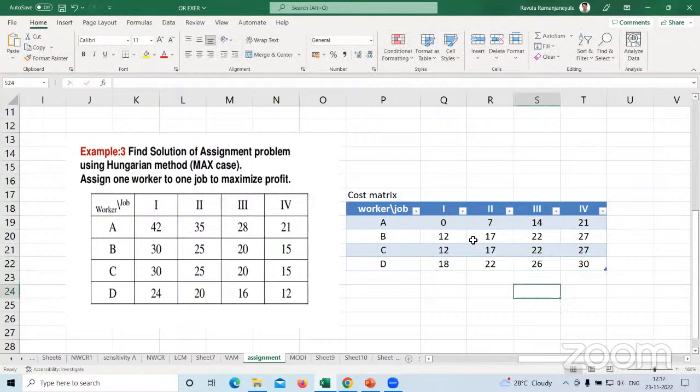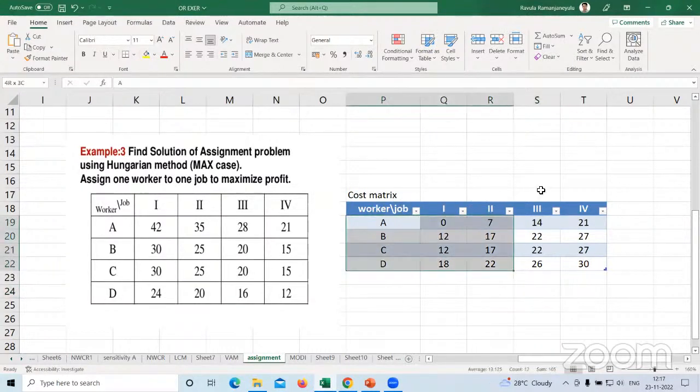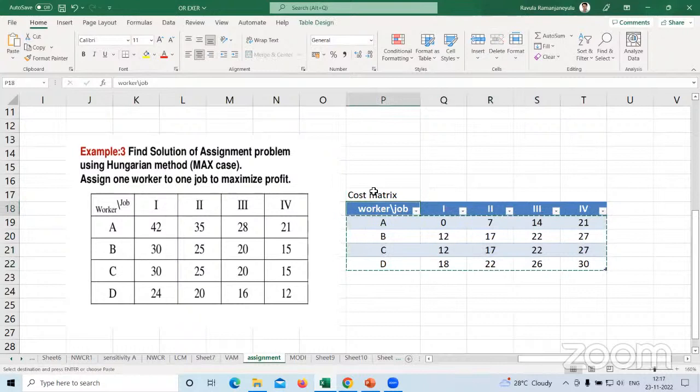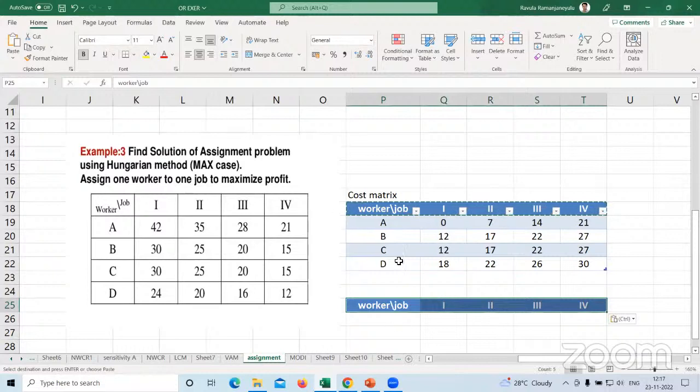Cost matrix. Then row reduction. Go with the row reduction.